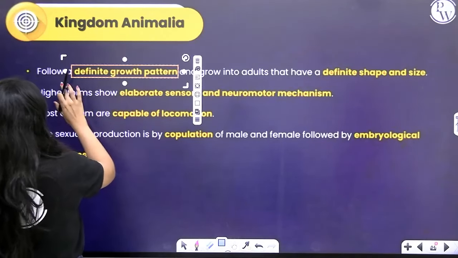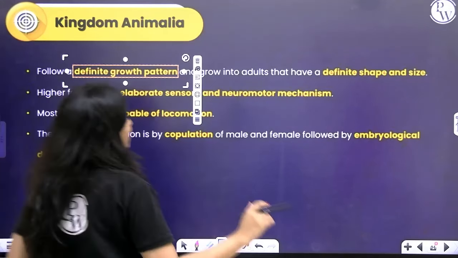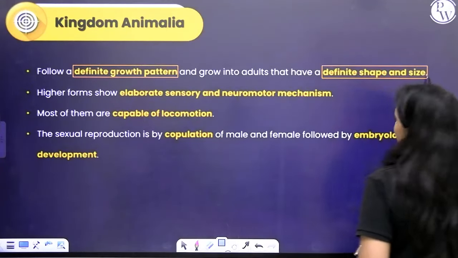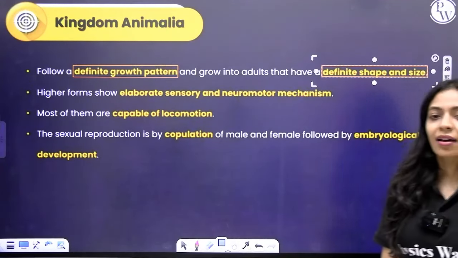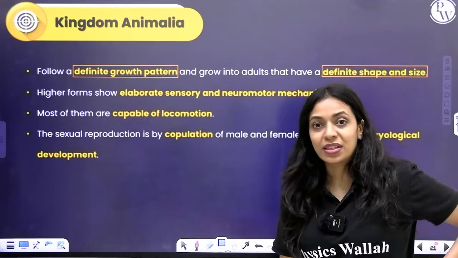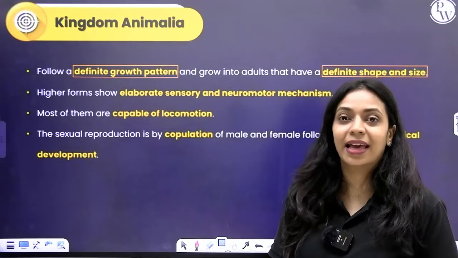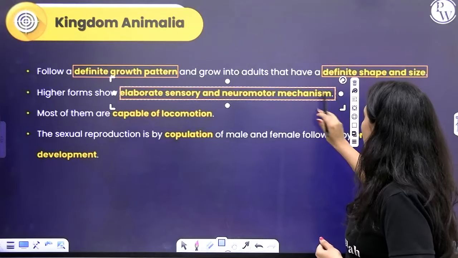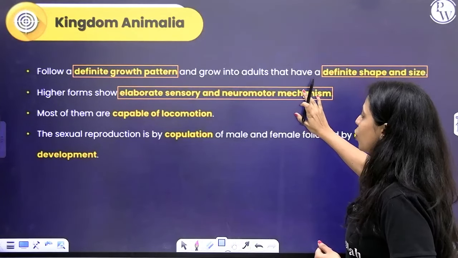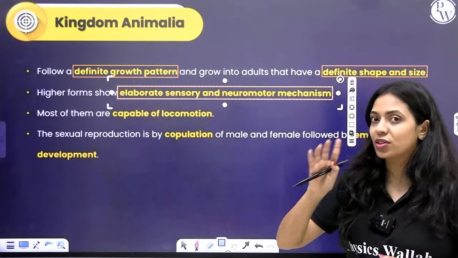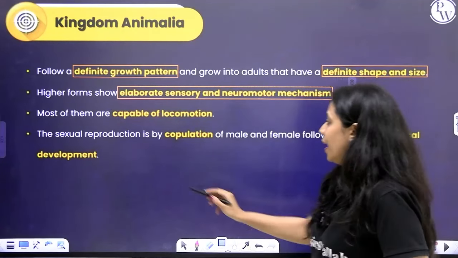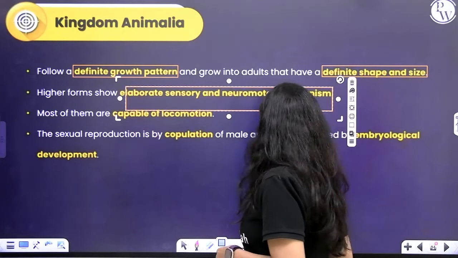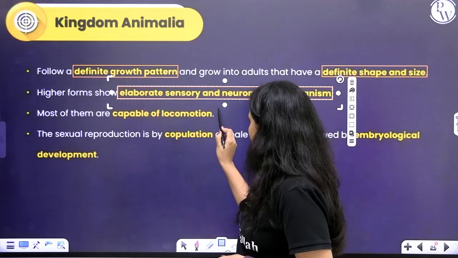And if you look at the adults of animals, they will have a definite shape and size. In higher advanced animals, you can see very advanced, elaborate sensory as well as neuromotor structures. More about it you will learn in the human physiology chapters. The majority of them are capable of locomotion.